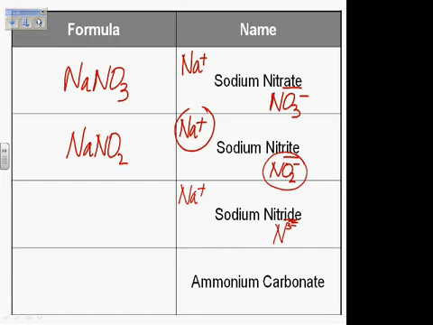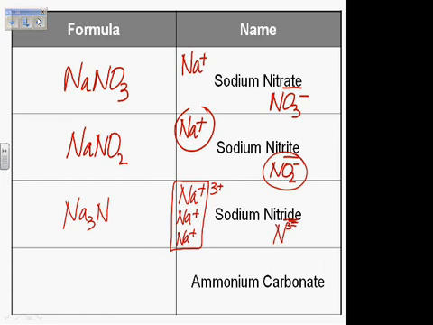Those guys form -3 charged ions. And so sodium and nitride, we're going to need 3 sodiums to pair up, form a group, so that they've got a +3 charge to go with 1 nitride in order to balance this thing out. So sodium nitride is going to look like that.